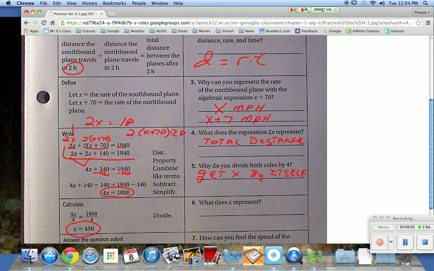So my second plane is actually going, one is going 450 and the other one's going 520. 520. Okay?